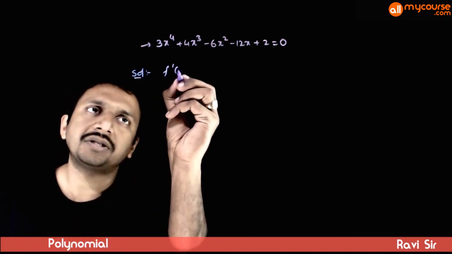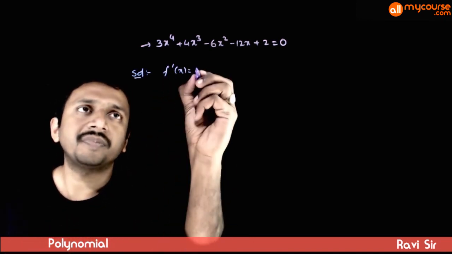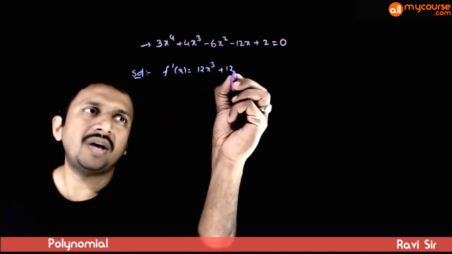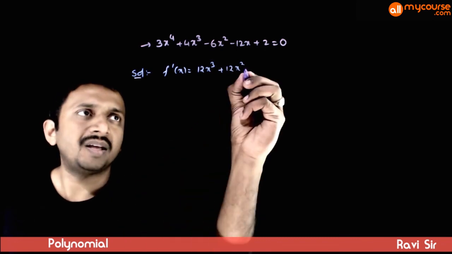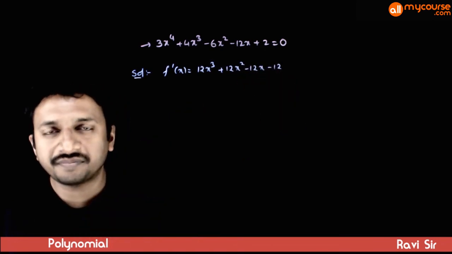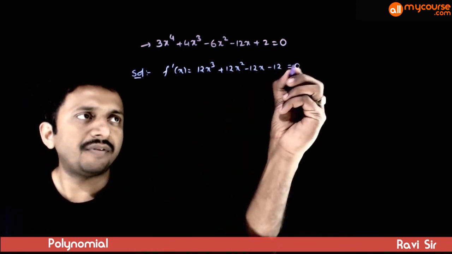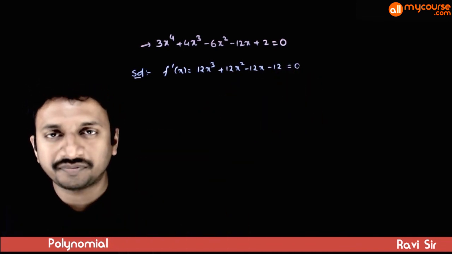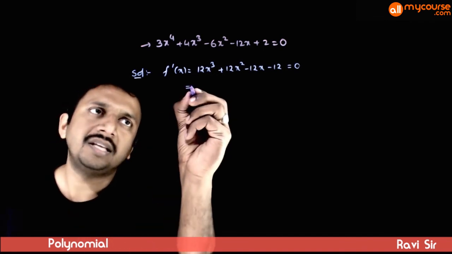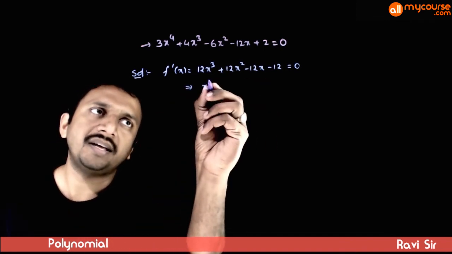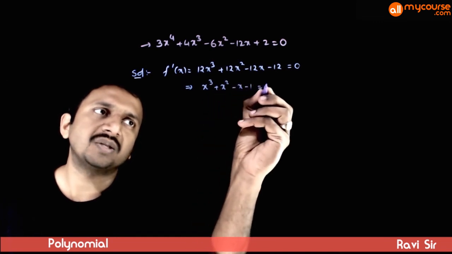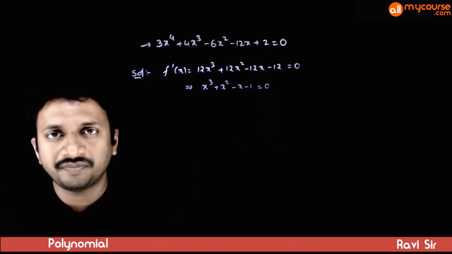So f dash of x is nothing but 12x cube plus 12x square minus 12x minus 12. So let us try to solve f dash of x is equal to 0. That means, where are the stationary points for this function? This implies, if you take 12 outside, x cube plus x square minus x minus 1 is equal to 0.